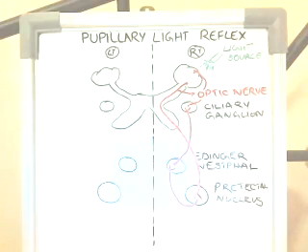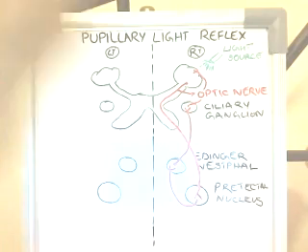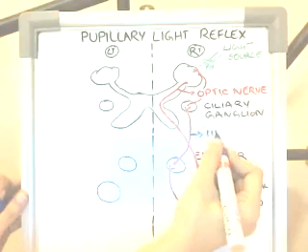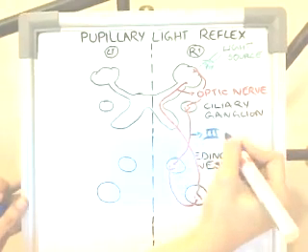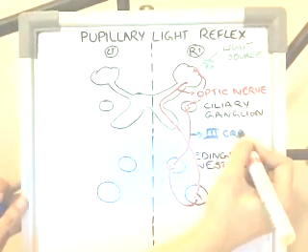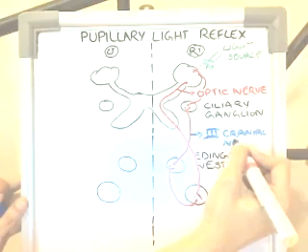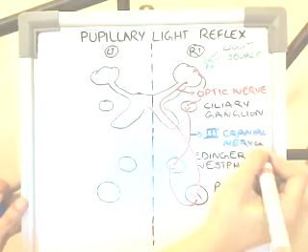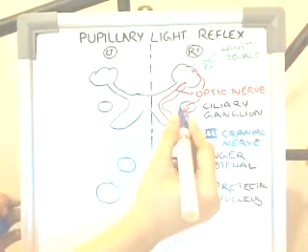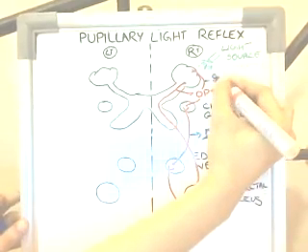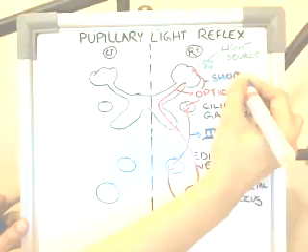So you have the Edinger-Westphal nucleus. From there, the neuron which begins is the third cranial nerve, which is also called the oculomotor nerve. This is the preganglionic fiber, and this is the postganglionic fiber, which is the short ciliary nerve.